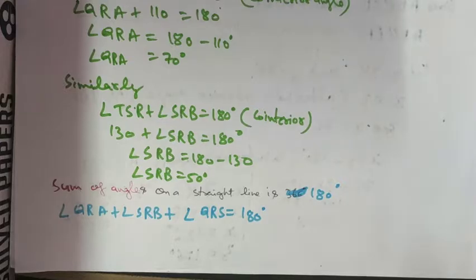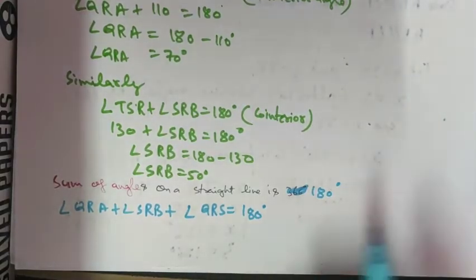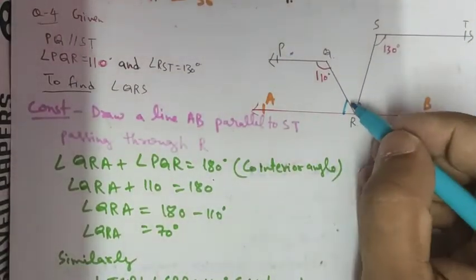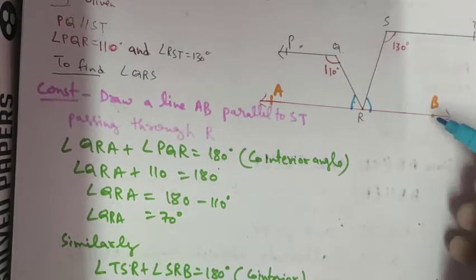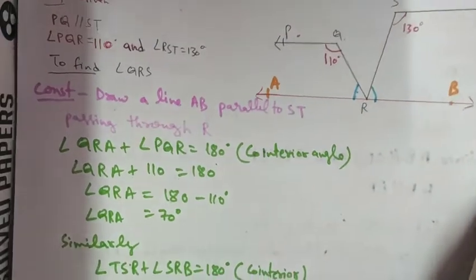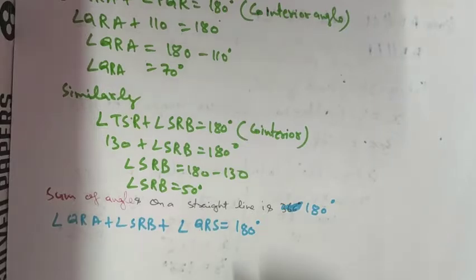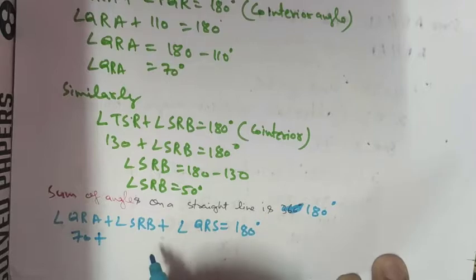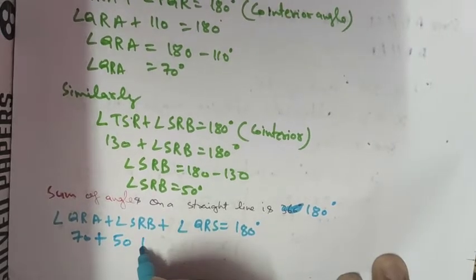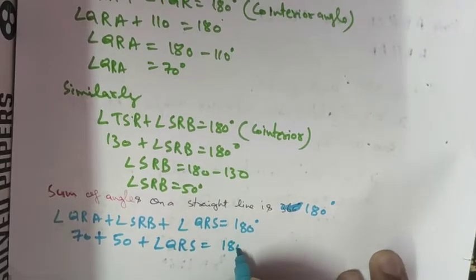Now we know that the sum of angles on a straight line is 180 degrees. So this angle plus this angle, that is angle QRA, plus angle SRB, plus angle QRS will be equal to 180 degrees. So substituting the values, angle QRA is how much? 70, plus angle SRB 50, plus angle QRS equals 180 degrees.